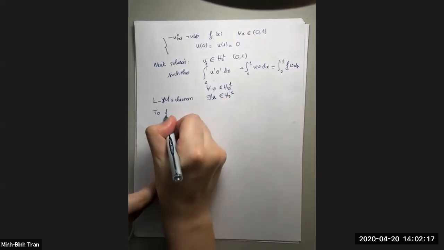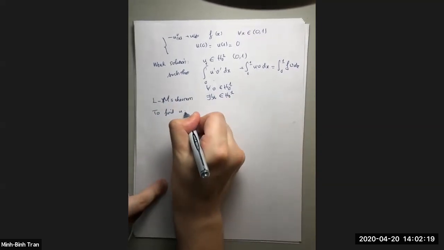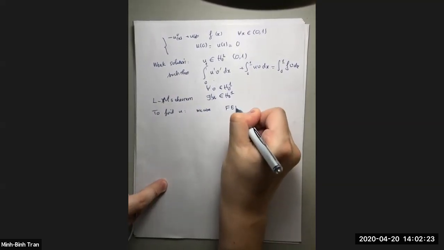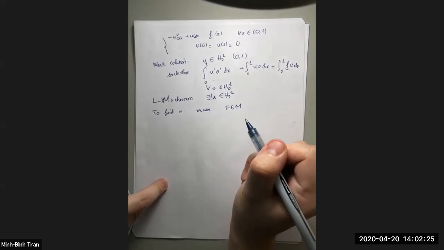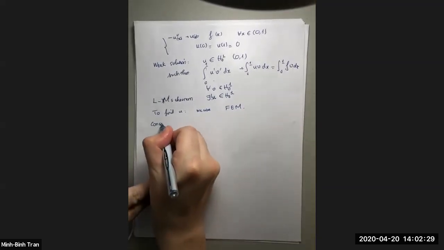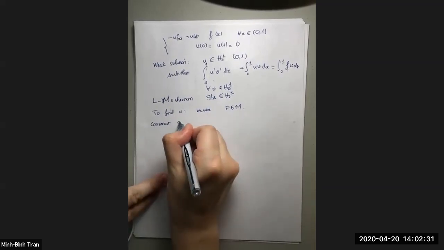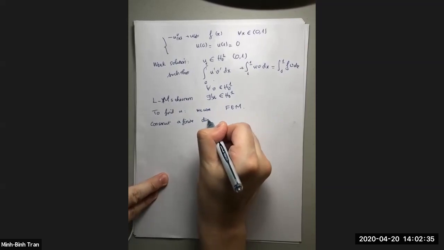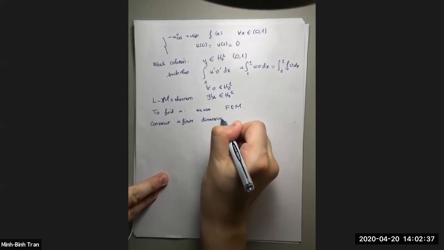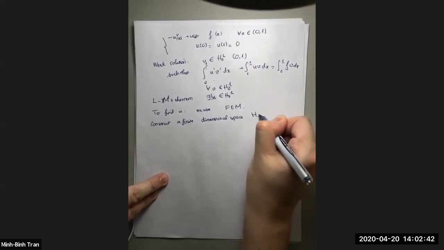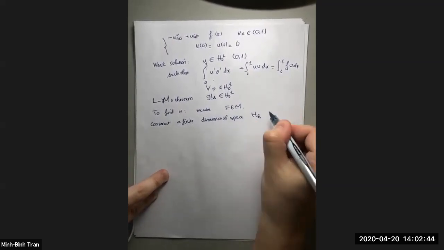And then to find u, we use the finite element method, right? So the idea of the finite element method is to construct a finite dimensional space H_h, where h is small, which is an approximation.